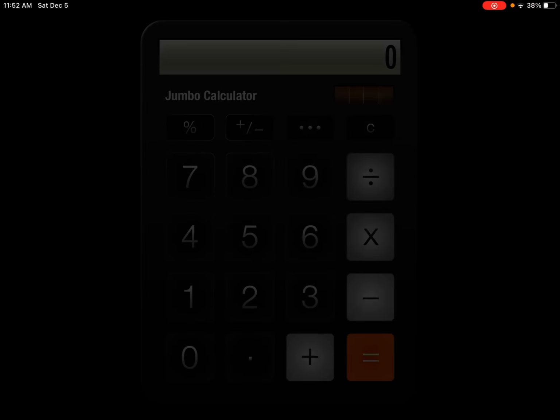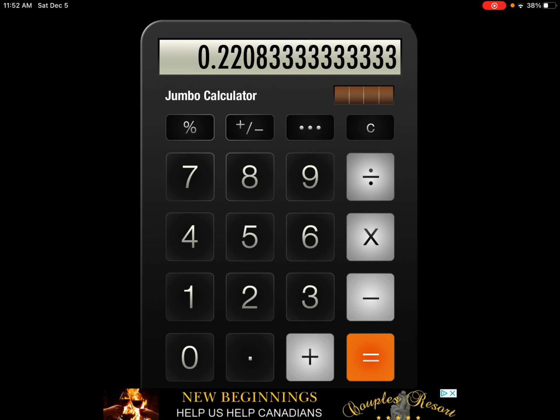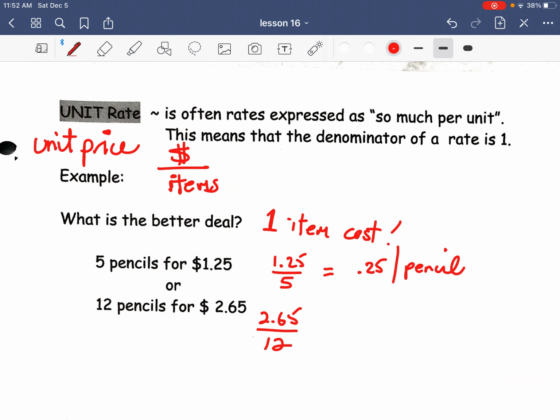My $2.65 divided by 12 items will give me 22 cents per pencil. So then you can clearly see that my better price is definitely the 22 cents per pencil.